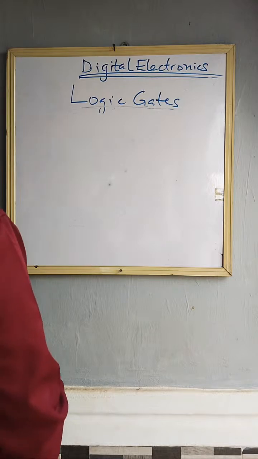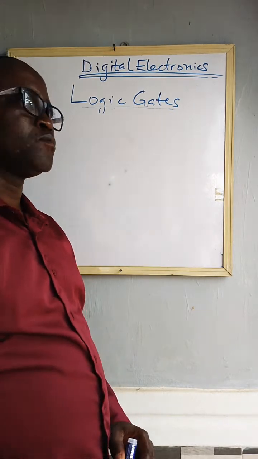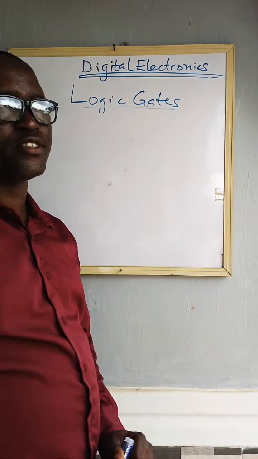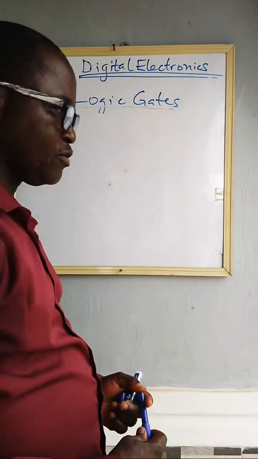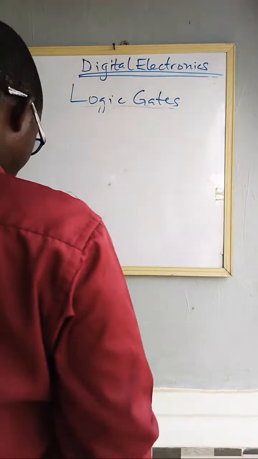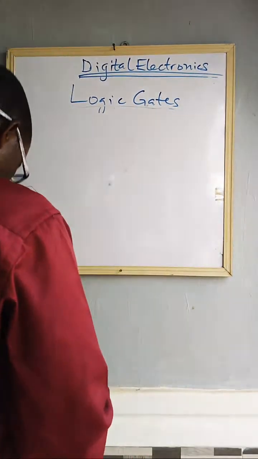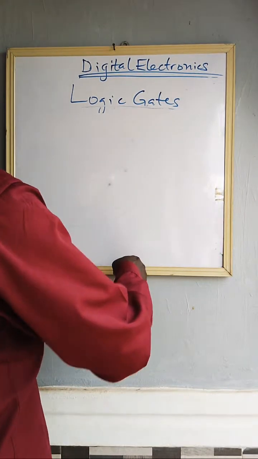Okay. The AND gates can be represented by series switches. So if you have an AND gate, you can imagine it to be a series switch. Okay? All right.